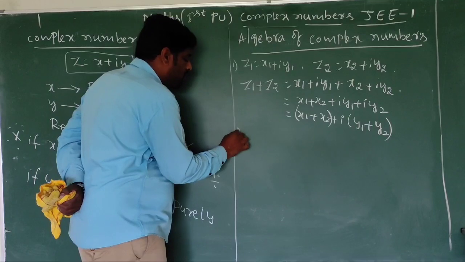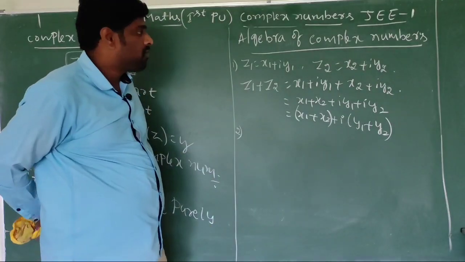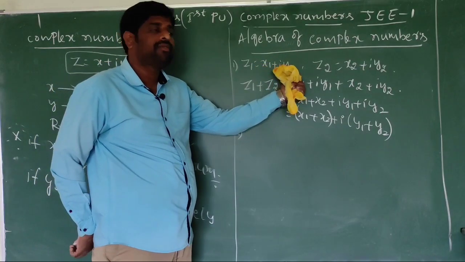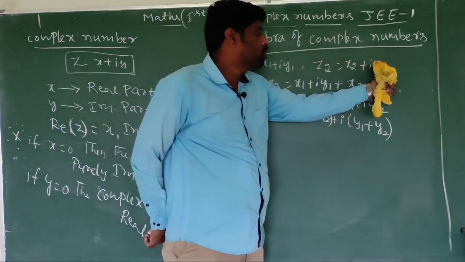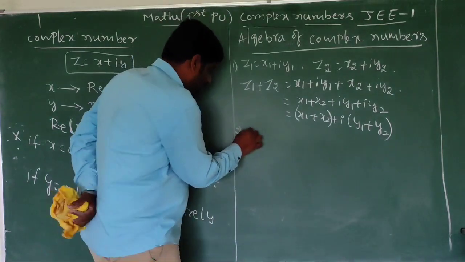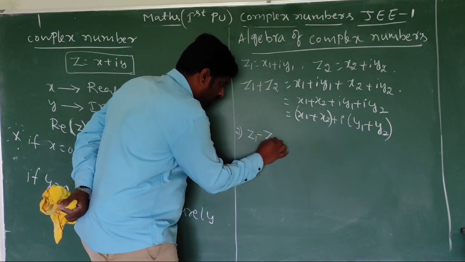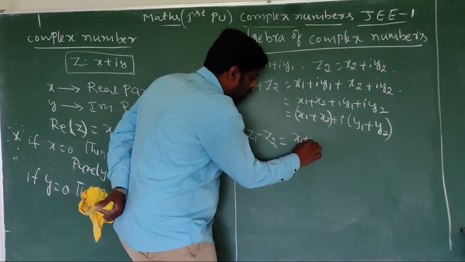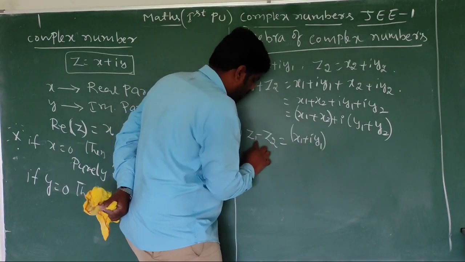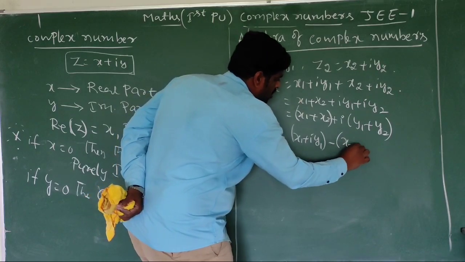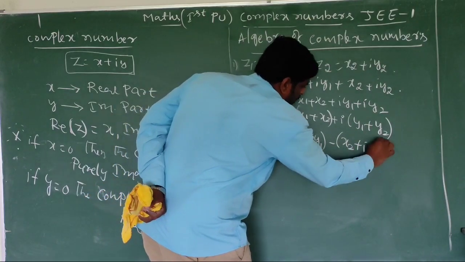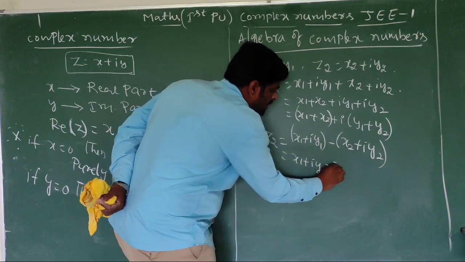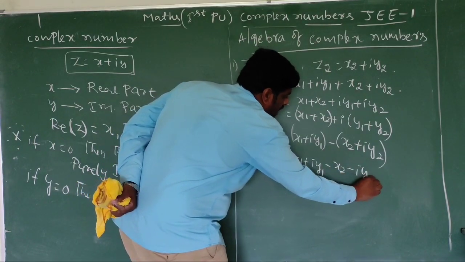Next, subtraction of complex numbers. You take z1 is equal to x1 plus iy1, z2 is equal to x2 plus iy2. So z1 minus z2 is equal to x1 plus iy1 minus x2 plus iy2, that is x1 plus iy1 minus x2 minus iy2.